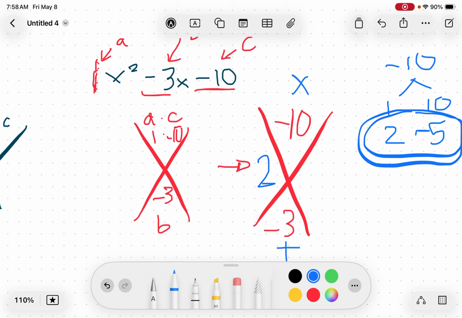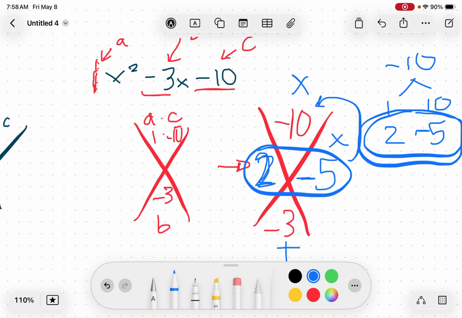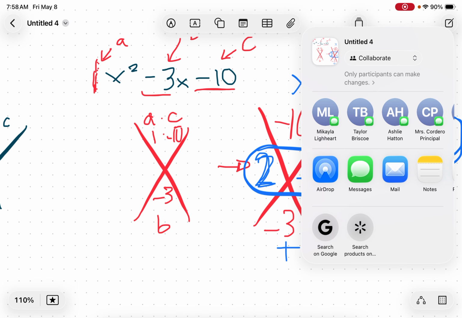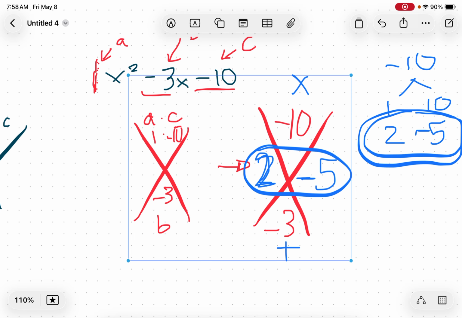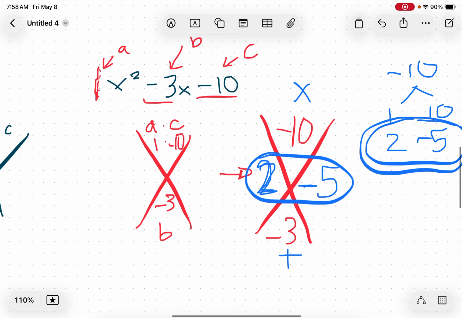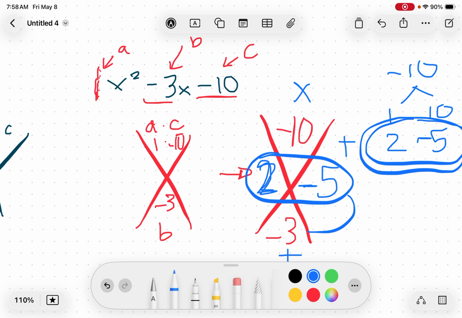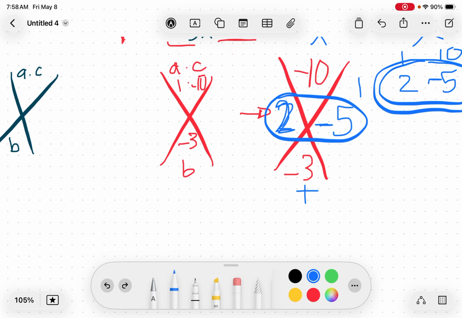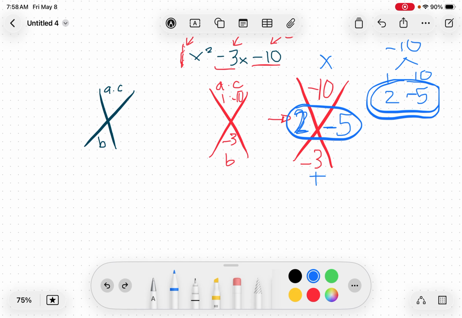So one side of this X would be 2, and the other side of this X would be -5. Because if I take these two and multiply them together, we get -10. And if I take these two and add them together, we get -3.